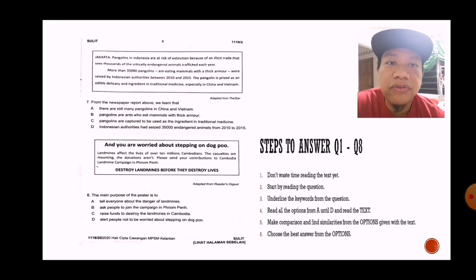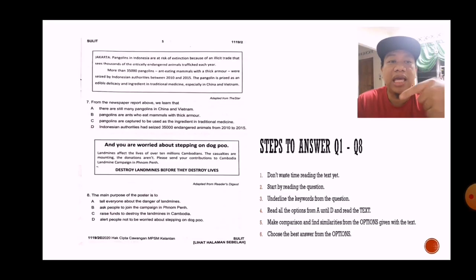More than 35,000 pangolins, ant-eating mammals with a thick armor, were seized by Indonesian authorities between 2010 and 2015. The pangolin is prized as an edible delicacy and ingredient in traditional medicine, especially in China and Vietnam. Alright, so that is the text.